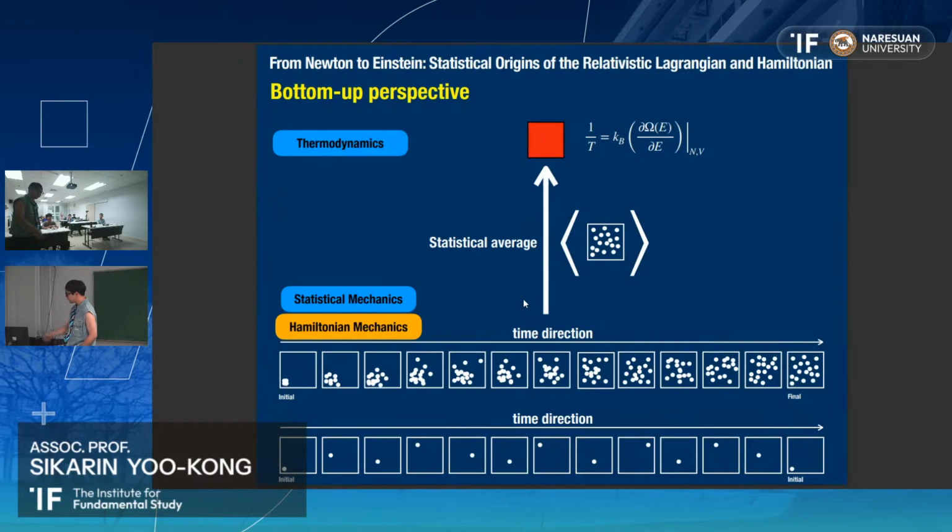This is a bottom-up perspective because we could not keep track of the dynamics of each particle in the system. The thing that we do is look into the system as a whole, and you do some kind of averaging, and then you get some kind of macroscopic quantity out of it at the very end. This is the bottom-up perspective.